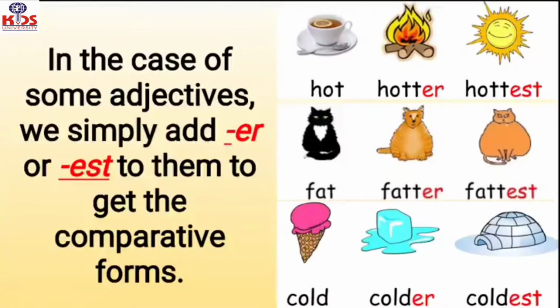In the same way, the first comparative form of fat is fatter, and the second comparative form is fattest. Again, the first comparative form of cold is colder, and the second comparative form is coldest. So we read it as hot, hotter, hottest, fat, fatter, fattest, cold, colder, coldest.